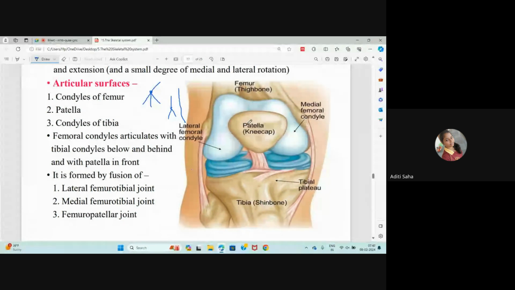If this figure is showing a person's right leg knee joint, then which portion is medial and which portion is lateral? Ma'am, patella is the medial point.